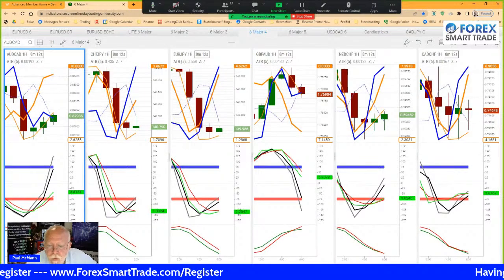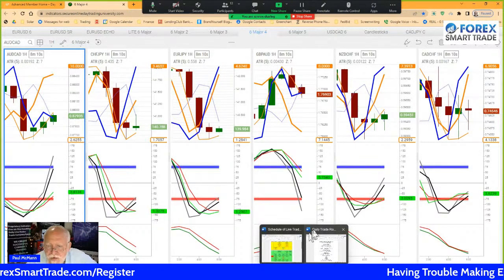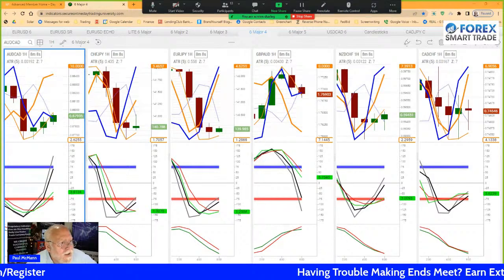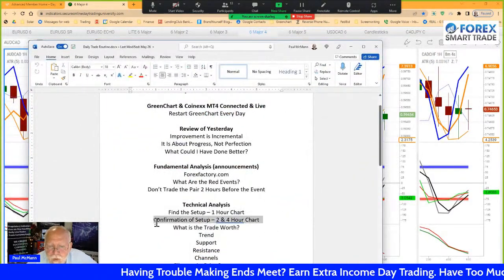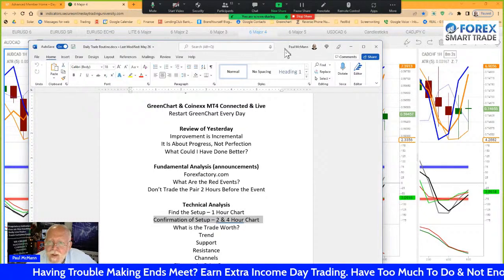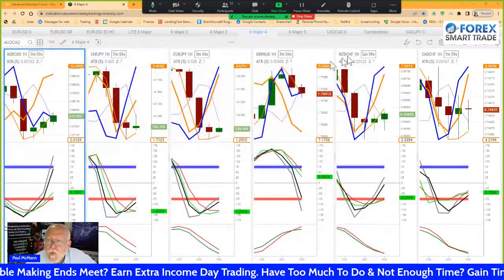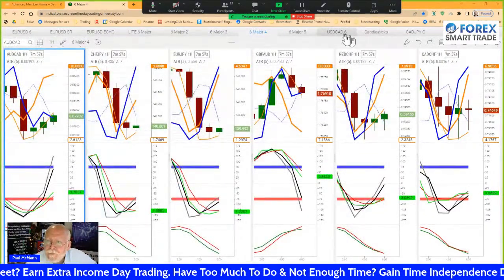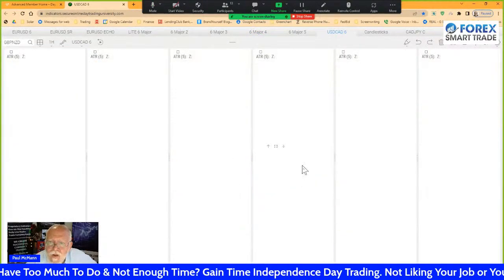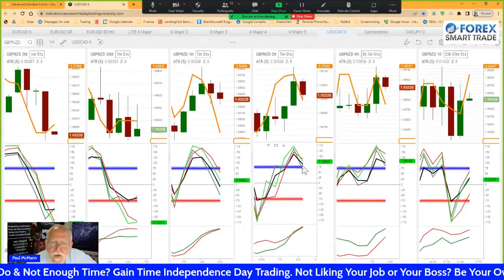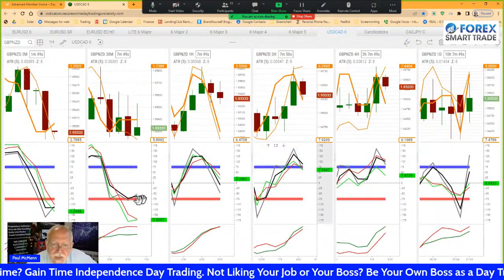So when I have 4 points, I am going to now go and I want to confirm this setup. So the way I'm going to confirm the setup is I am going to go to a clean chart, or I want to go to a chart that shows me multiple time periods for that pair.